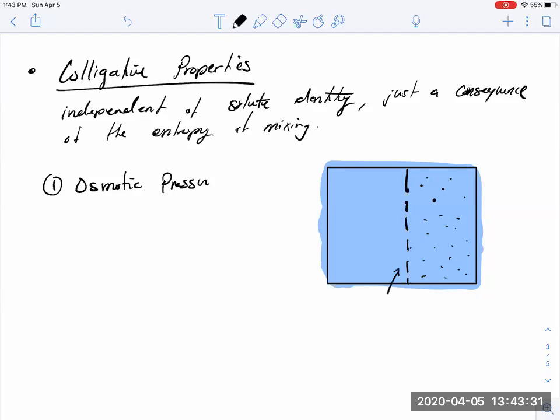So this is a rigid semi-permeable membrane allowing solvent to pass, but not solute.